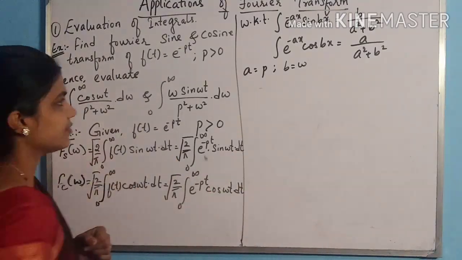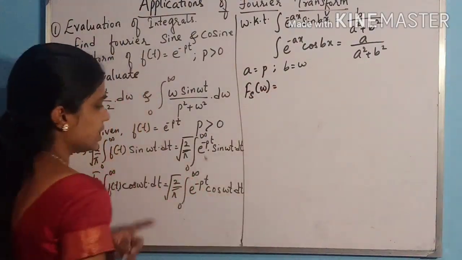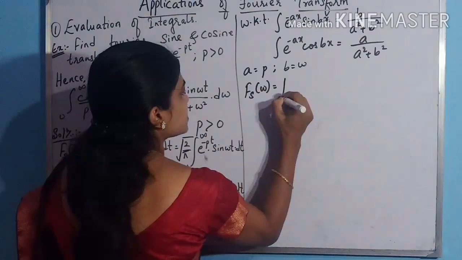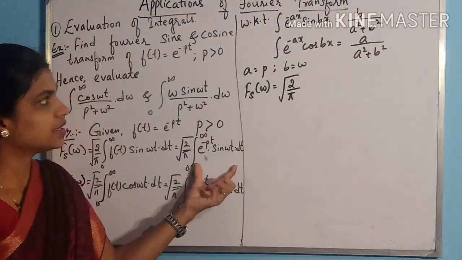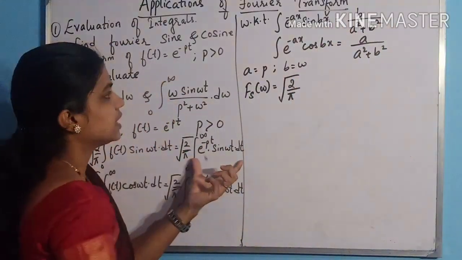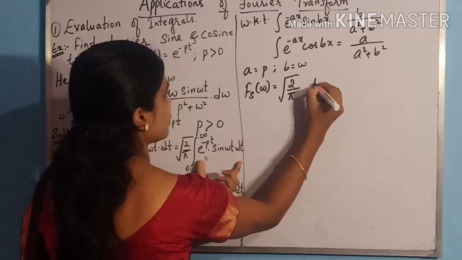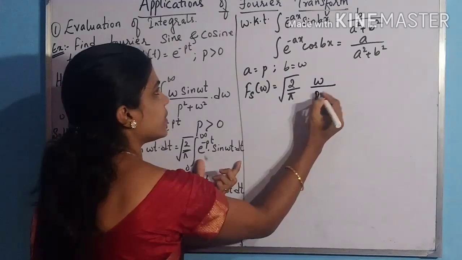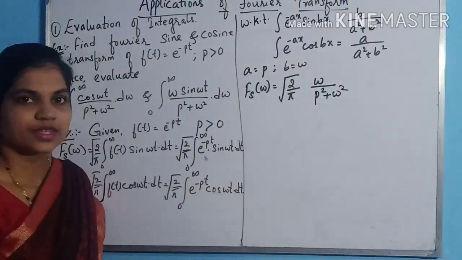So what we have is Fs(ω) is equal to root 2 by pi. I am keeping the same thing because we are not integrating it, and this particular part I have to write in this format. This is nothing but b, which is omega, divided by a² which is p² plus ω².